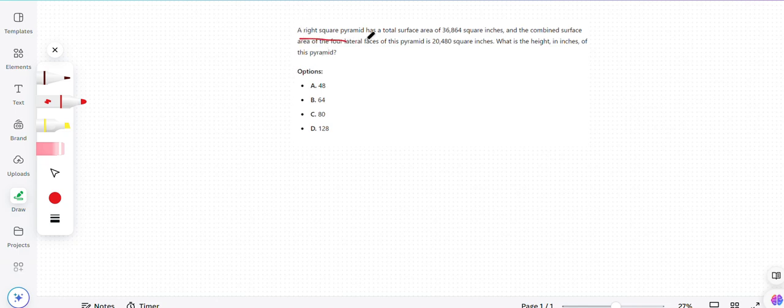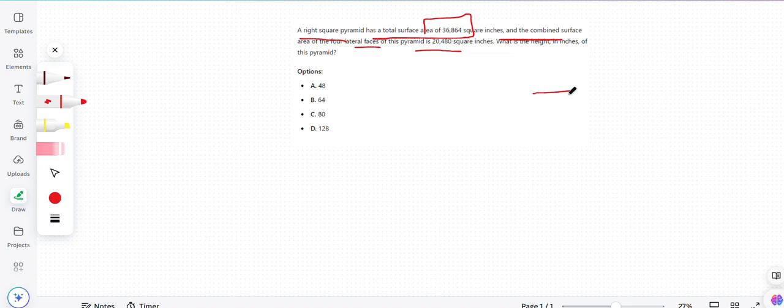A right square pyramid has a total surface area of this, and the combined surface area of the four lateral faces is this. What is the height in inches of this pyramid? Before solving this problem, let us understand what the height of a pyramid means.